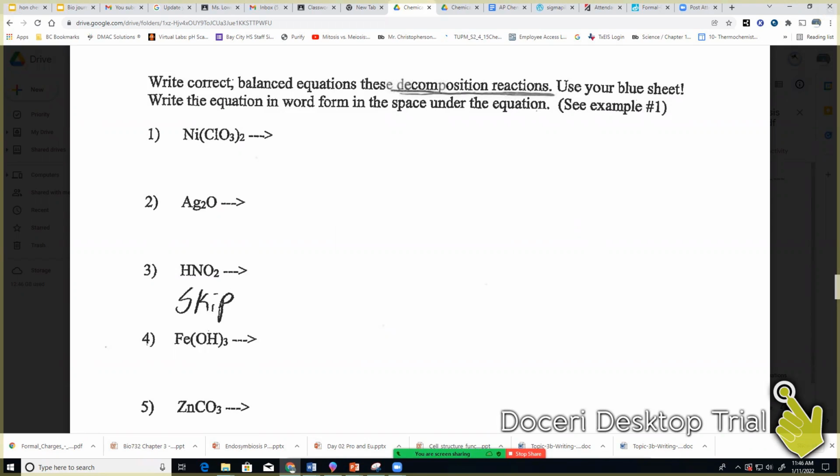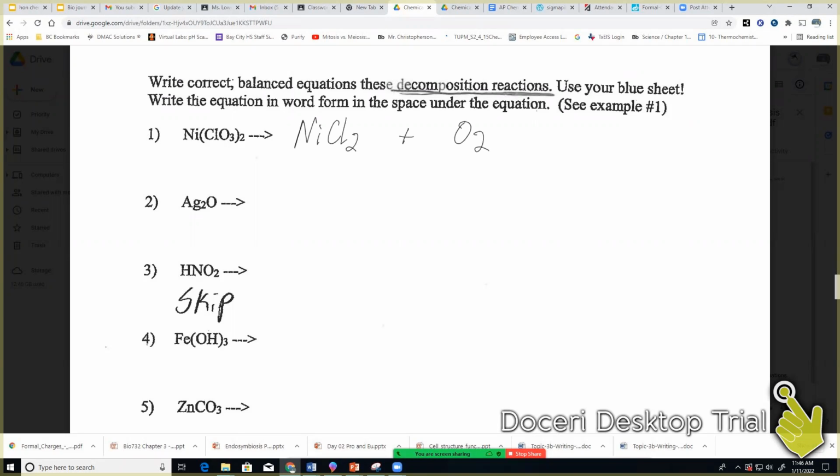That is nickel 2 chlorate. So metal chlorate. What does a metal chlorate decompose into? Metal chloride plus oxygen. So my metal is nickel. So it's going to decompose into nickel chloride plus diatomic oxygen.